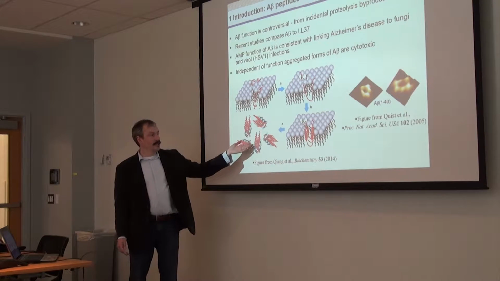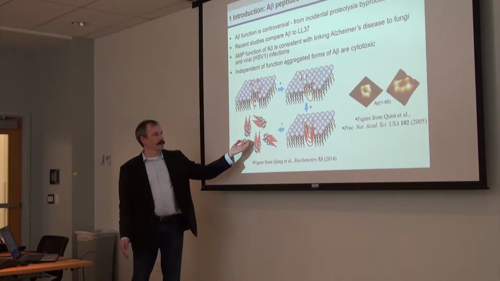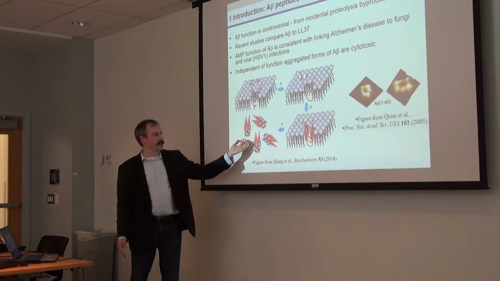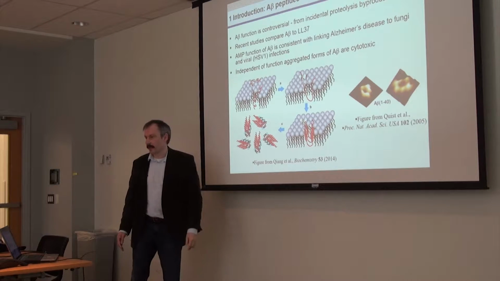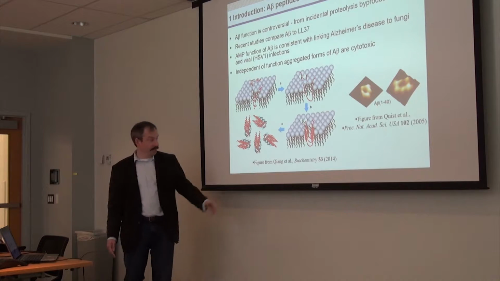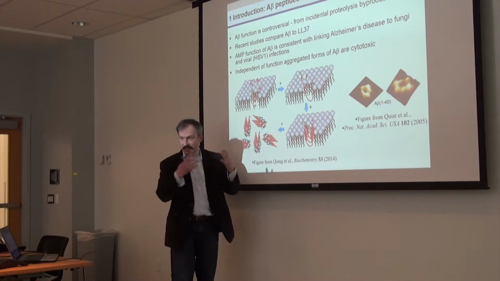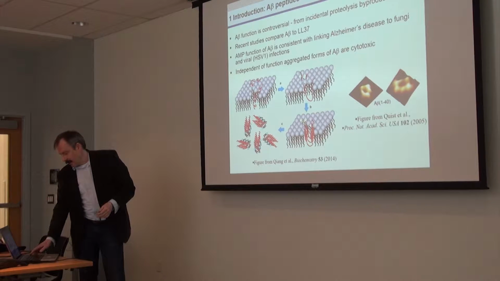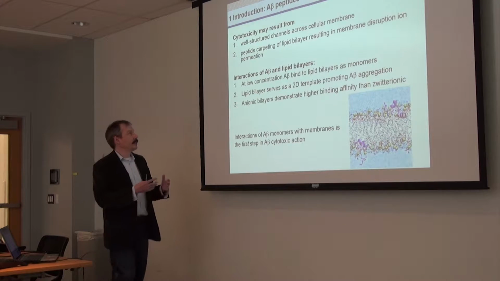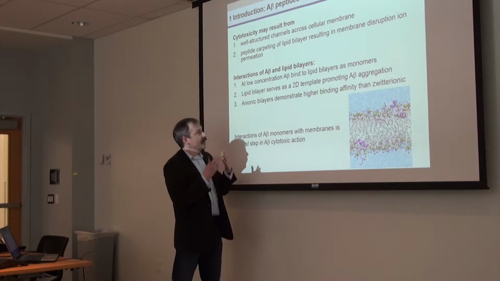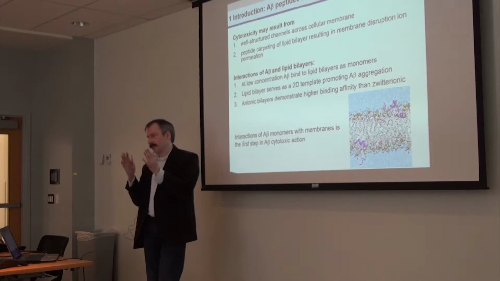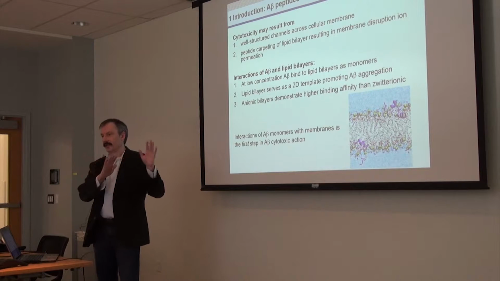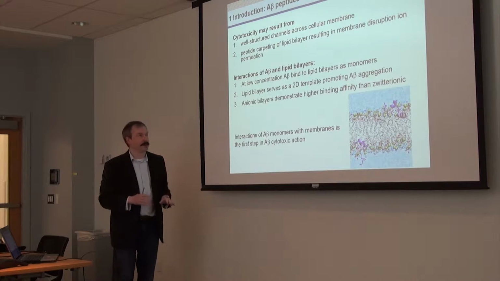In the worst case scenario, when the conditions are right, these aggregated peptides can actually dissociate and physically disrupt the bilayer completely. That means the mechanism of cytotoxicity can be of at least 2 types, and I'm not saying that this is the whole spectrum.